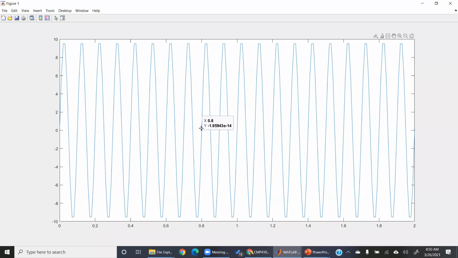What can you tell me about this sine wave? What can you tell me about the figure you're seeing? Anyone? Does the sine wave look smooth?